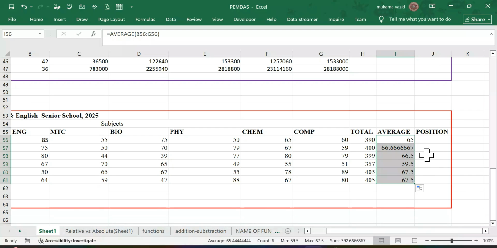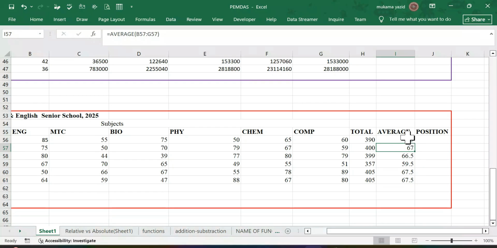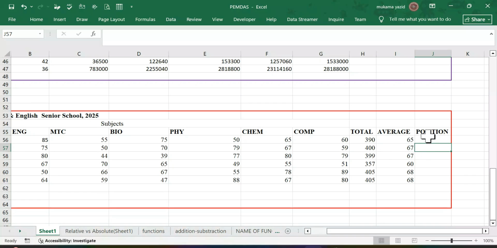I will make sure these values are uniform in decimals. Let us have a uniform decimal, that is 0 decimal. We'll reduce to 0 decimal.